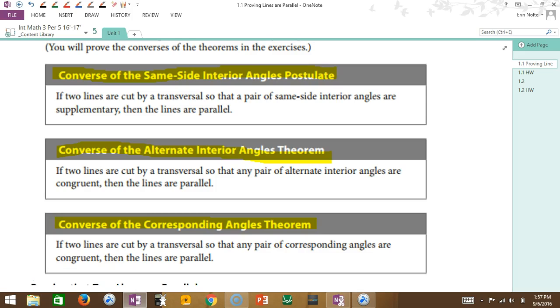So if you need to write the converse of the converse, which is technically the original, right? Then you need to write that down. If you can't remember, that's true: if the lines are parallel, then same side interior angles are supplementary.